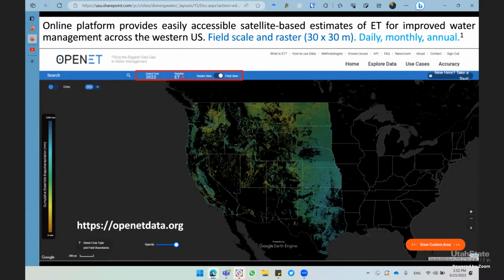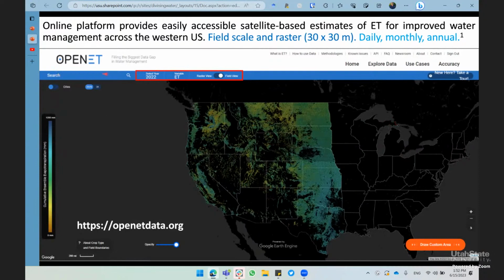Here is the value, for example, ET. And here are the modes. You can have the field scale mode or the raster view. Here you have the option to change units from millimeters to inches, and to highlight the cities if you are kind of lost to find your field of interest. This is the scale of values of ET.